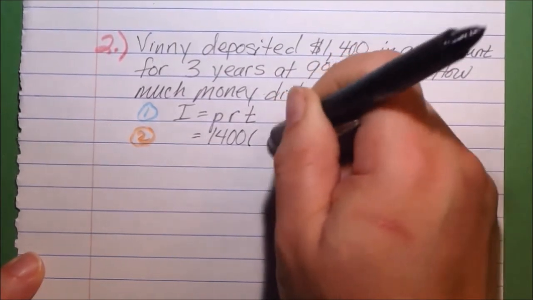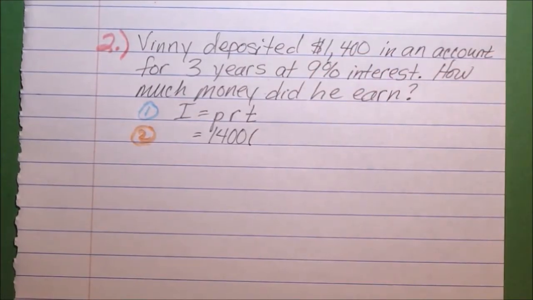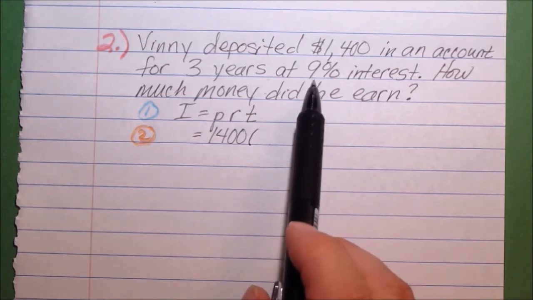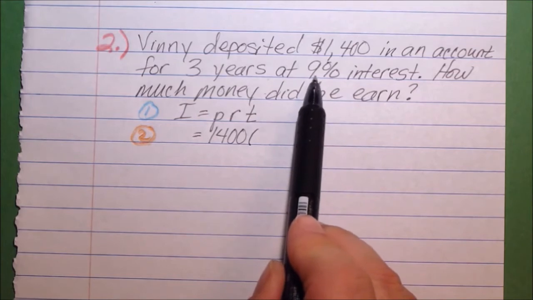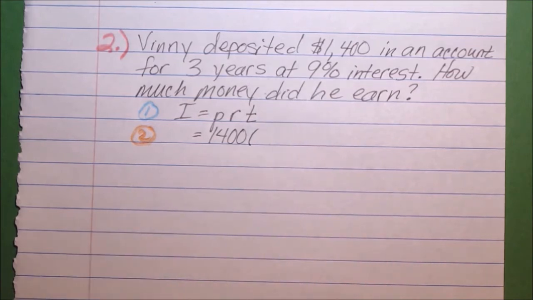9% needs to be converted into a decimal first. And remember, percent means per 100. So there are 2 zeros in 100. That means we have to move the decimal from where it's at, which is right here, 2 places to the left in order to get our decimal.